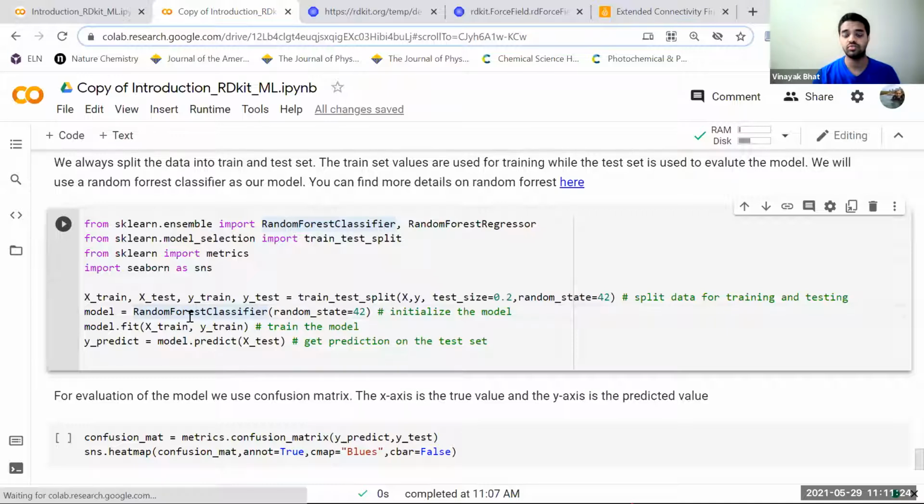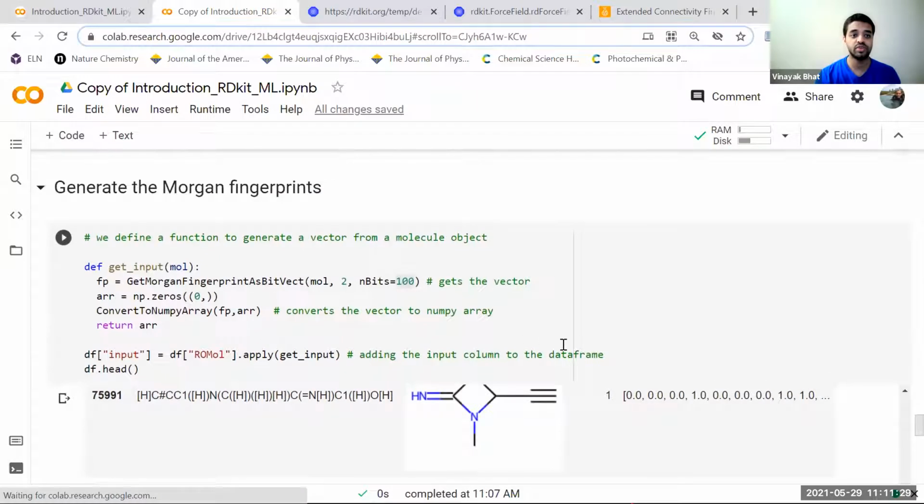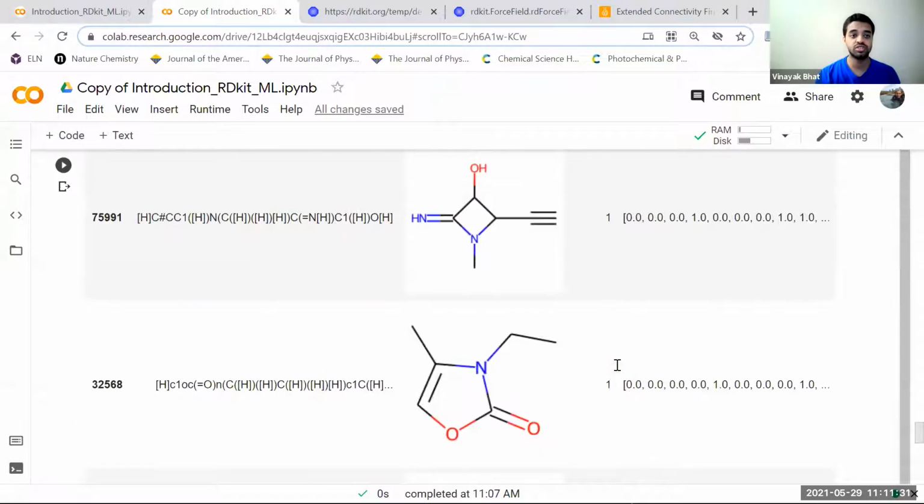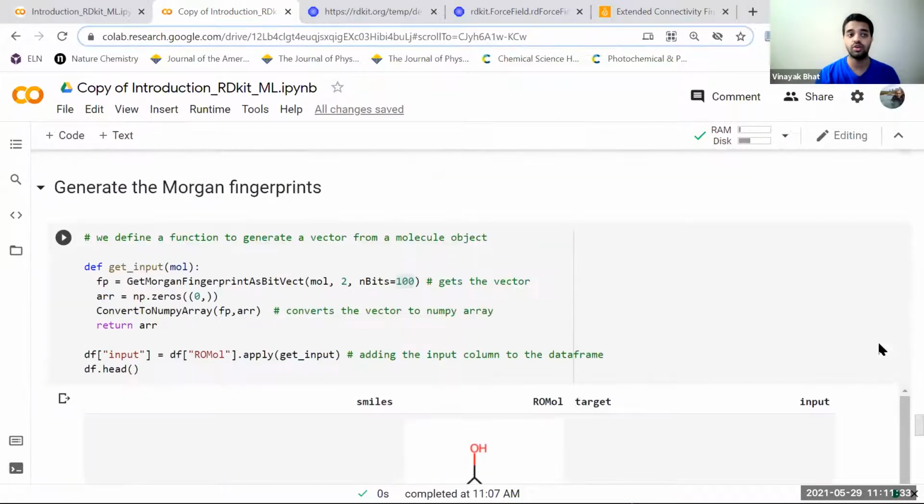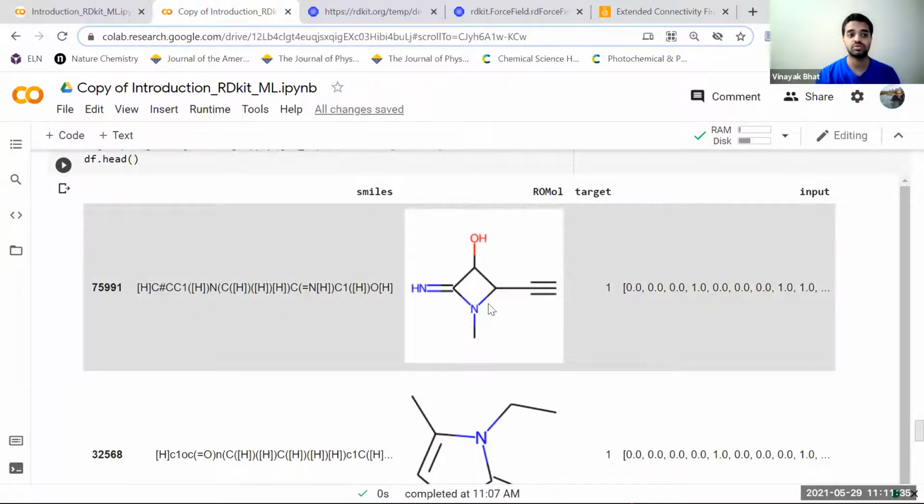The Morgan fingerprint is not a machine learning model. It's a way of representing this molecule. SMILES is one way of representing the molecule, but it is a string, and we don't want strings. We want to do some fitting, so in that case we need numbers. So we don't have a model here.